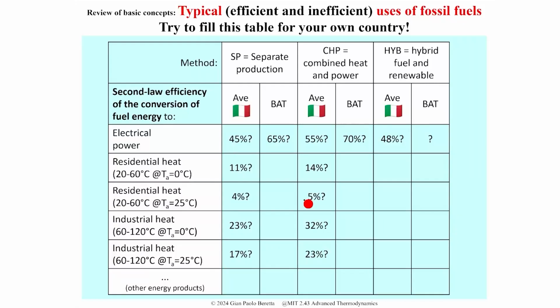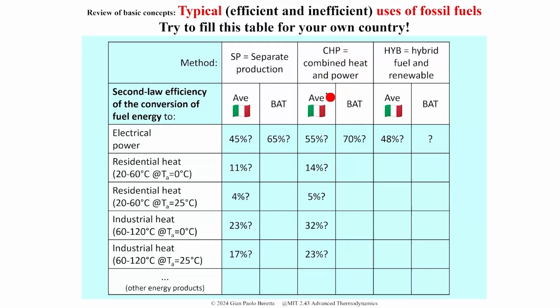It would be interesting, in any case, to see, for example, for separate production, one is the average national efficiency, and one is the efficiency of the best available technology. And then you have the same for combined heat and power.